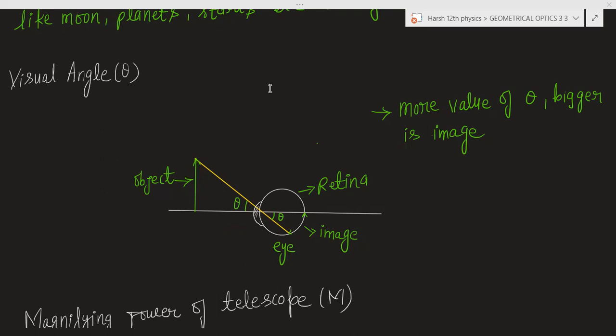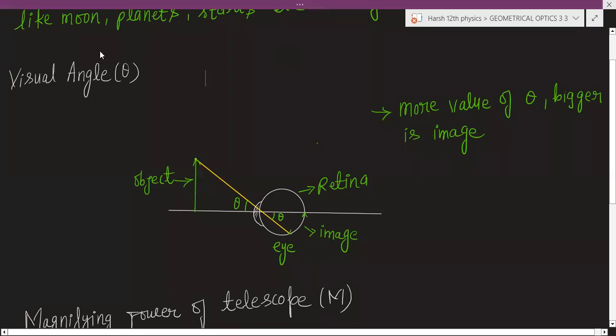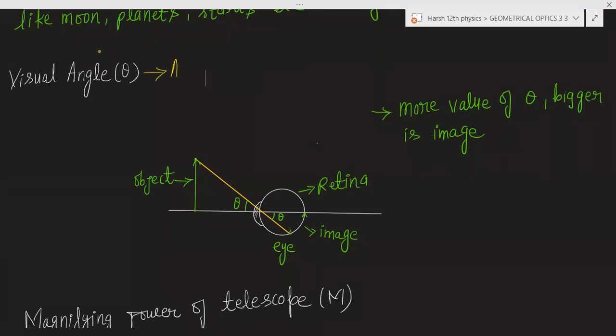So you can write here: visual angle is the angle subtended by the object at the eye.